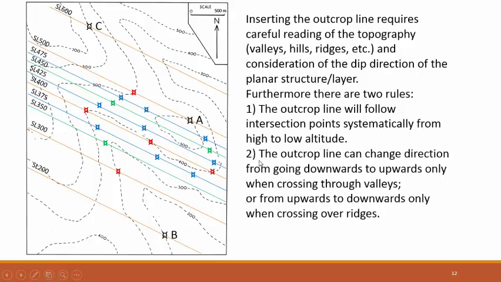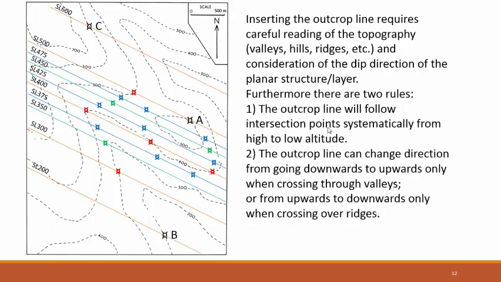The second rule is the outcrop line can change direction from going downwards to upwards only when the outcrop line crosses through valleys, or from upwards to downwards only when the outcrop line is crossing over ridges in the terrain.